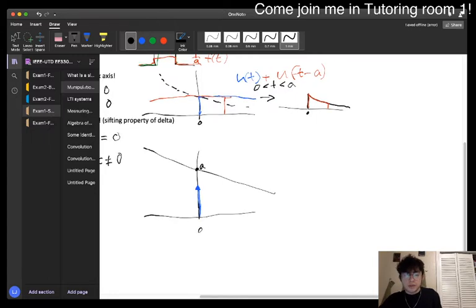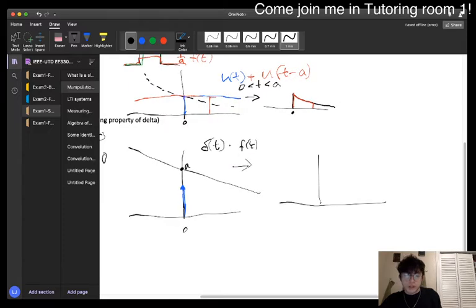So multiplying these two together, this delta function times our function f of t, gives us a scaled version of this delta function. So this gives us a delta function with the same height as our original function.